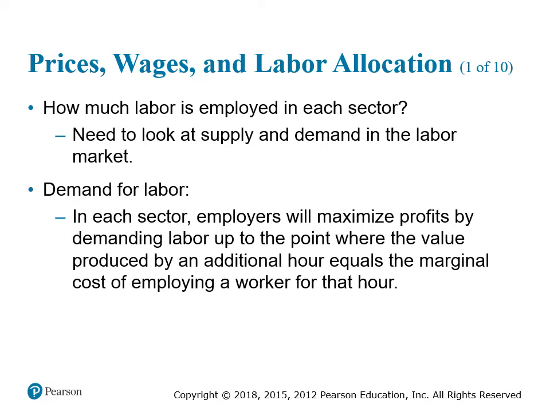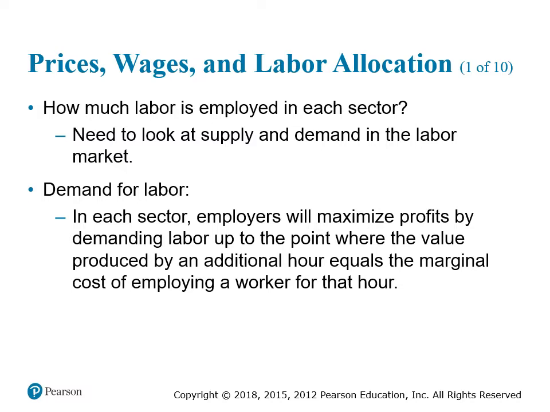I will give an example. If you want to work in a cafe and you are receiving $10 per hour, the person will only employ you if the value that you produce by working in the cafe is at least equal to $10, or it should be a bit more because that person also wants to have profit.